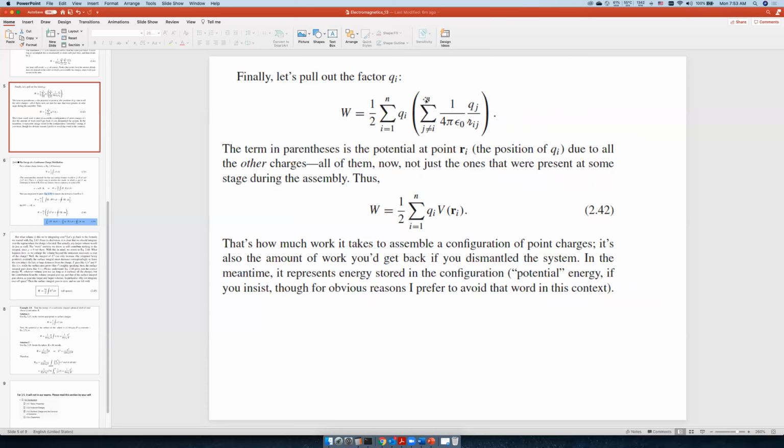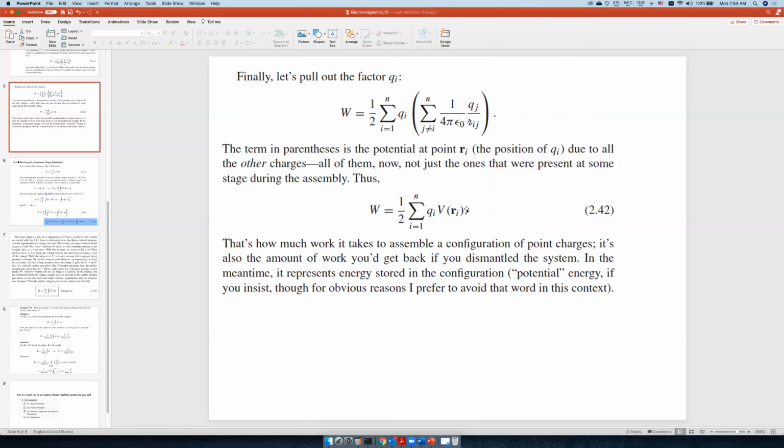And what's this in the parentheses? If you look at this term in the parentheses, actually this is V(ri). So you can write this equation in another form, which is work equals 1/2 sum of Qi times V(ri).